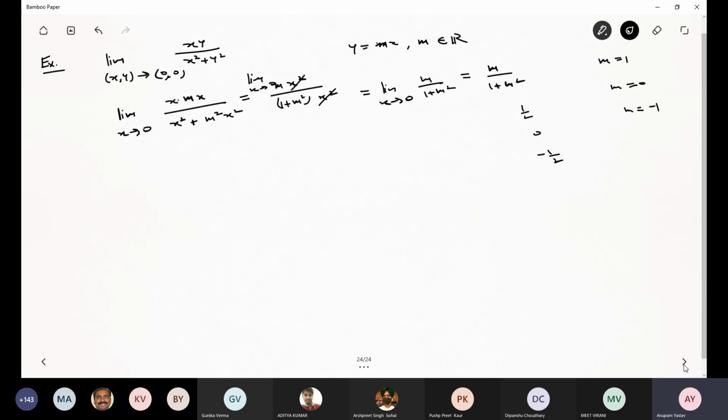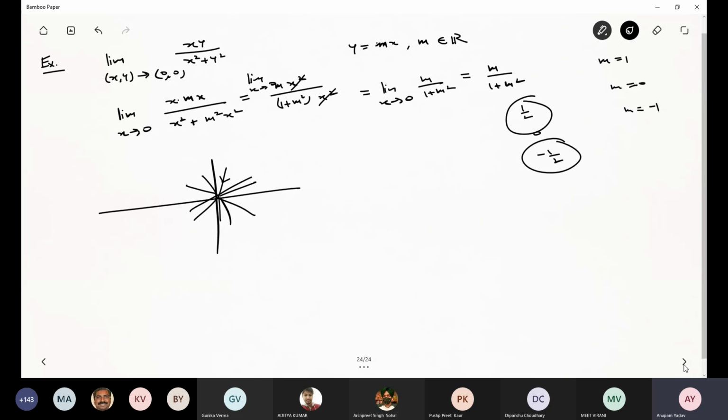If I take m equal to minus 1, this would be how much? Minus 1 upon 2. So if you see, you keep on changing the directions of approaching 0, 0, because basically why we took y equals to mx is that y equals to mx is the family of straight lines which passes through the origin. And what is happening, if I am following a certain direction, I am getting a particular limit. If I am changing the direction, I am getting another limit.